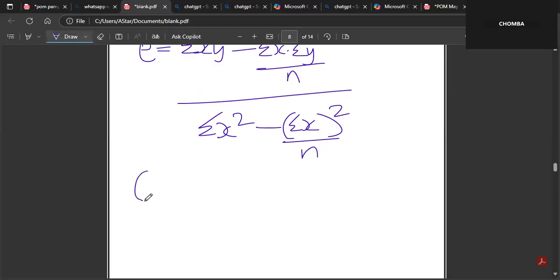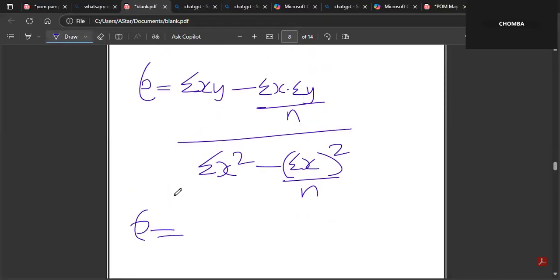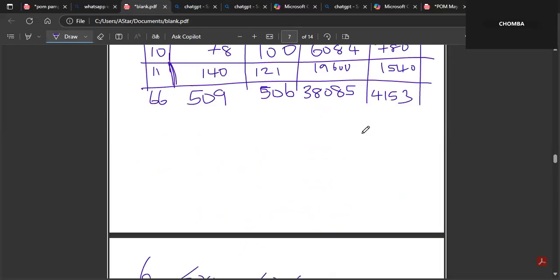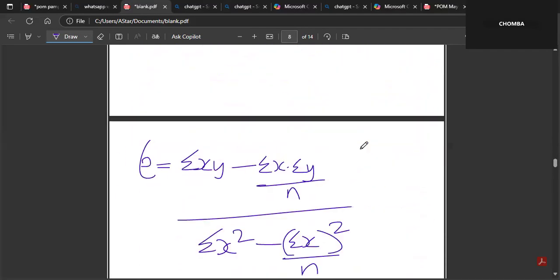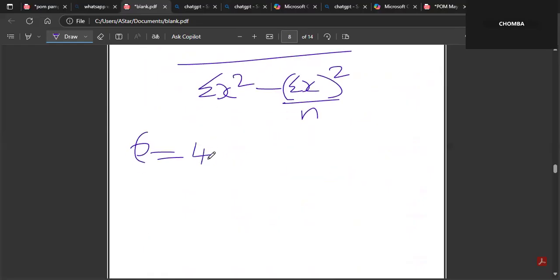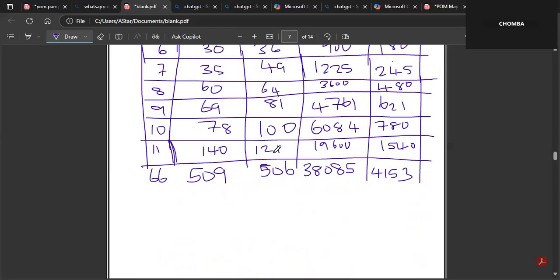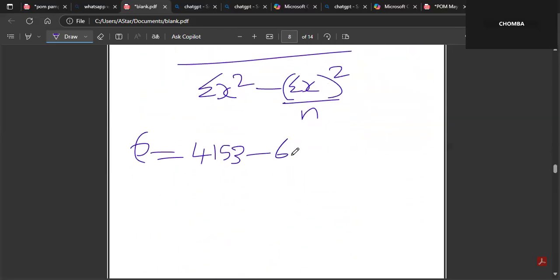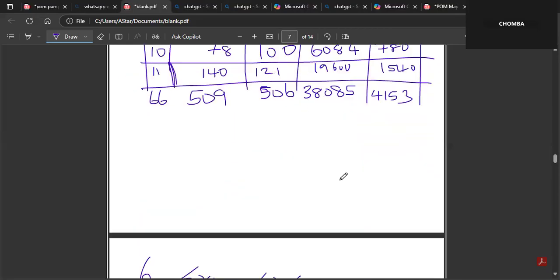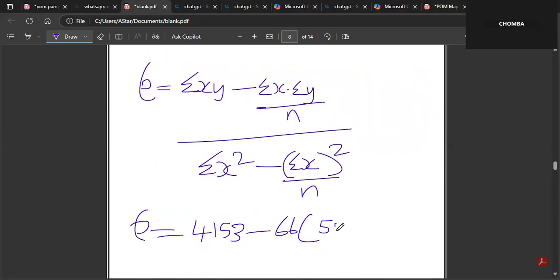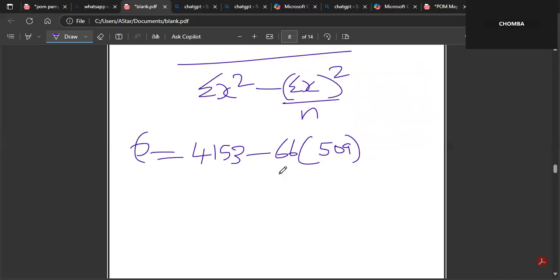What is summation of xy? 4153. Minus summation of x, 66, times summation of y, 509, over n, which is 11.